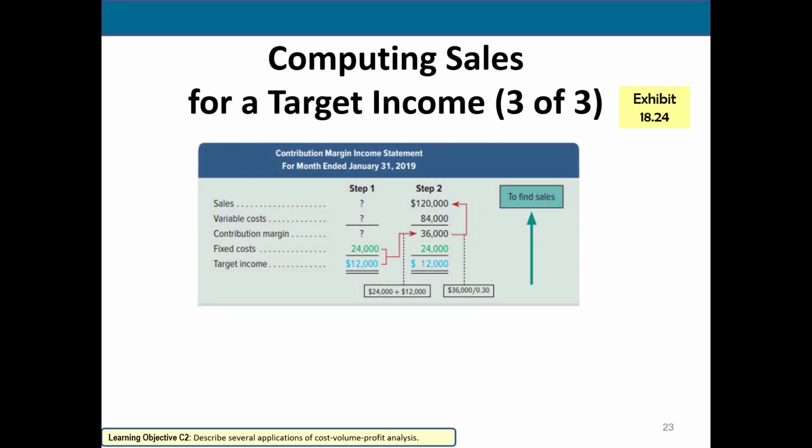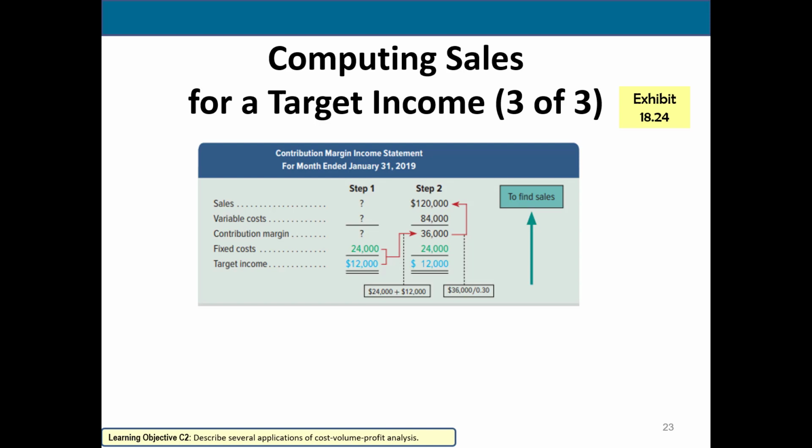We can also use the contribution margin income statement to compute sales for the target income. So in step one, we're going to look at the fixed cost of $24,000 and the target profit of $12,000, and we're going to plug those numbers into the contribution margin income statement.